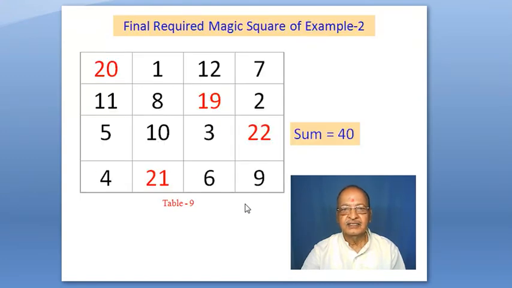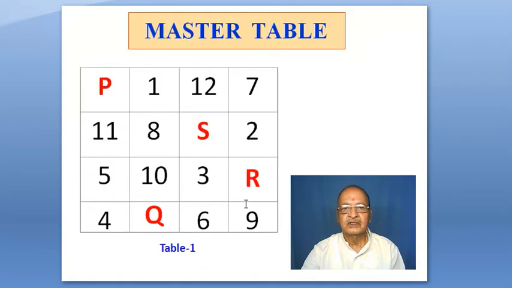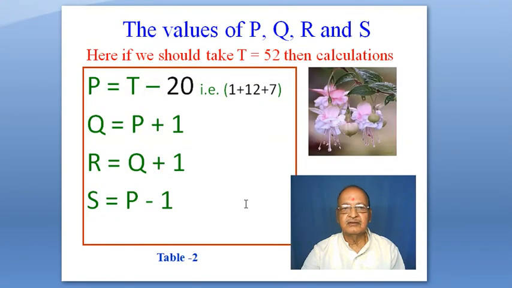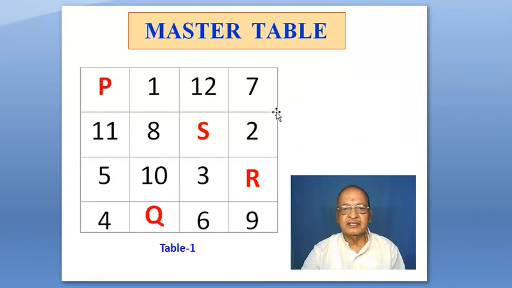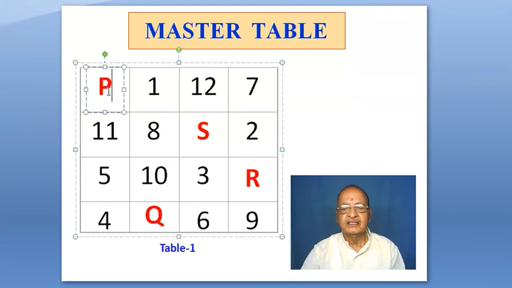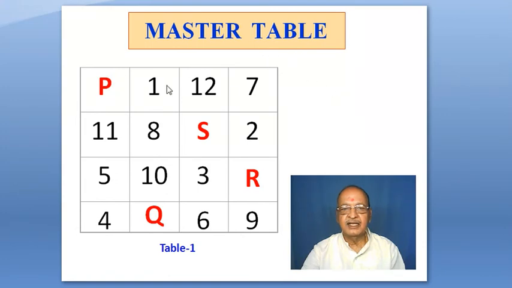You can make a magic square taking a number of your choice. So this is the master table. You can copy and proceed with the formula p, whatever the sum, the value of p will be the sum minus 20, and then calculate the value of q, p plus 1, and r, q plus 1, and s, p minus 1.